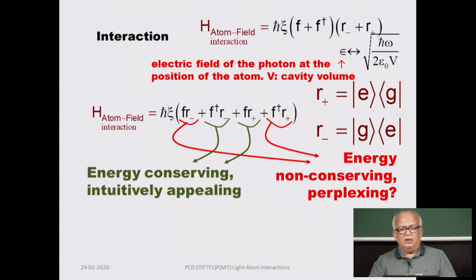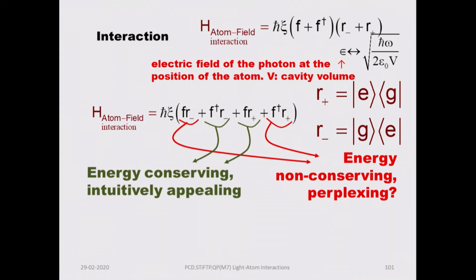So, it would seem that the first and the last term underscored by the red arcs do not conserve energy, and they are sort of perplexing terms, but they are there. They have come through our process of second quantization, so they cannot be dismissed.